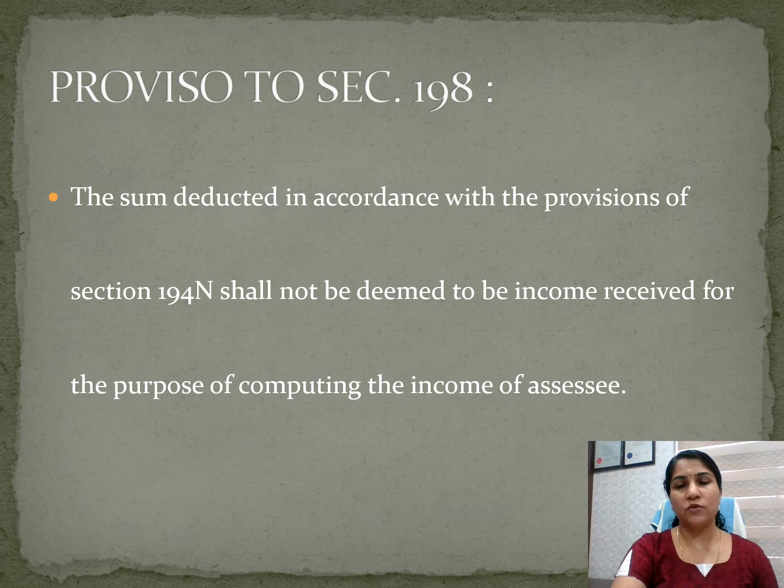But the second proviso to Section 198 states that the sum deducted in accordance with the provisions of Section 194N shall not be deemed to be income received for the purpose of computing the income of the assessee. It means that the tax deducted in accordance with 194N shall not be aggregated with the income of the assessee in computing his total income if in any year he has TDS under Section 194N.